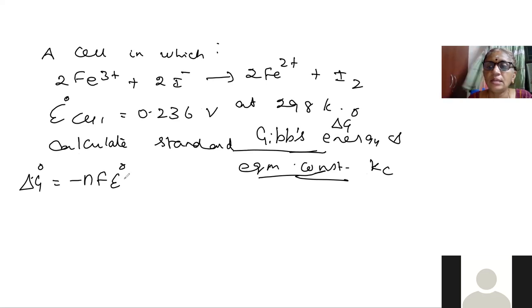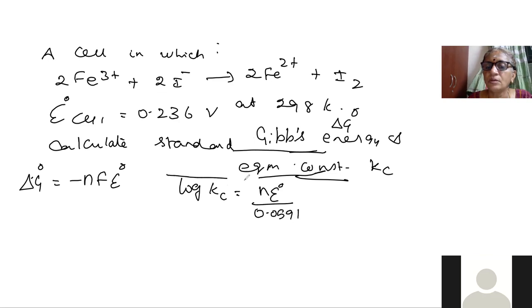So the del G naught and E naught formula you remember, and the equilibrium constant and E naught formula: directly, log Kc is n E naught by 0.0591.